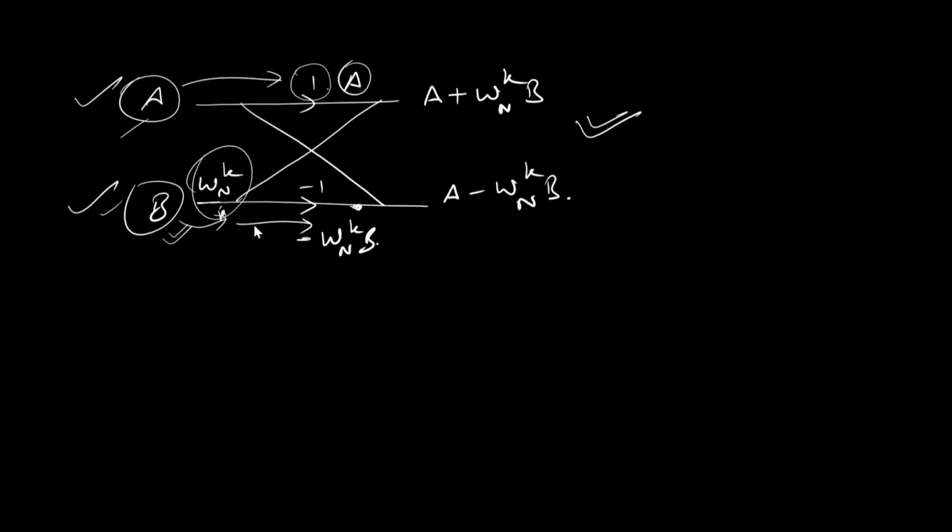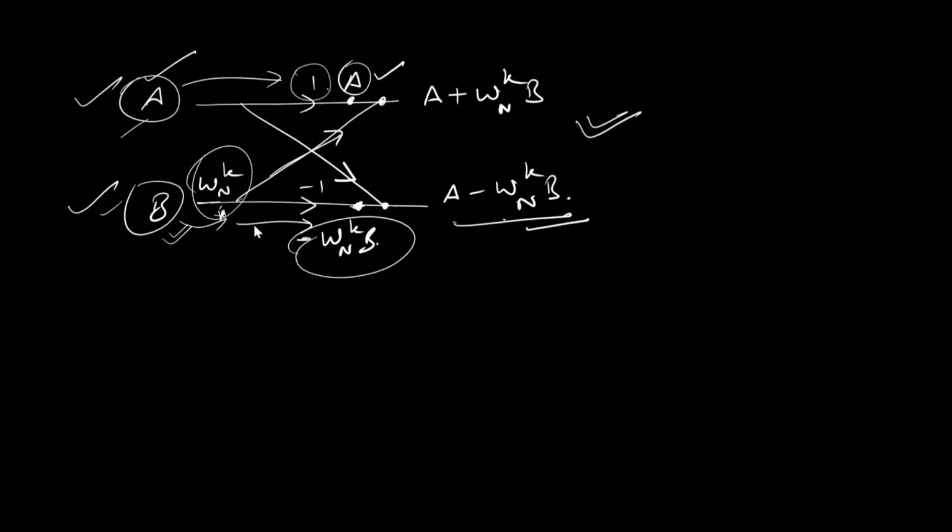Up to here this will result in A only, and this will result in minus of Twiddle factor multiplied by B. At this point, the value A and the value coming from this side will get added up, so this results in A minus this thing.